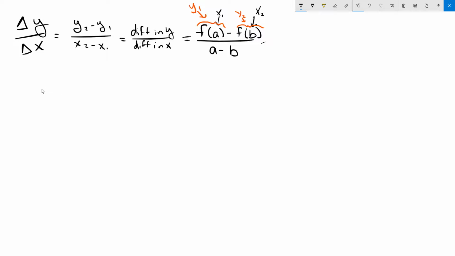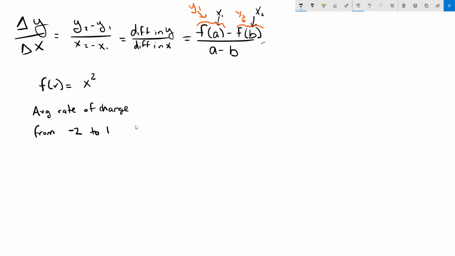So let's go over some examples. Let's say we had a function f of x equals x squared, okay? And they want us to find the average rate of change from -2 to 1.